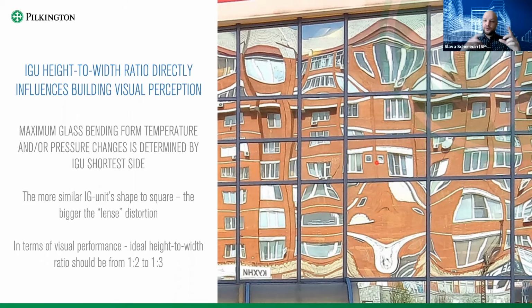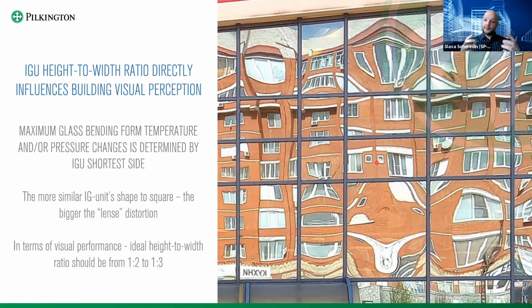Because if the IG unit is square, both sides are equal. But the maximum bending of glass from climate loads, meaning from expansion or shrinking of the gas inside, is determined by the shortest side of the IG unit. If both sides are equal, then the bending is maximum.